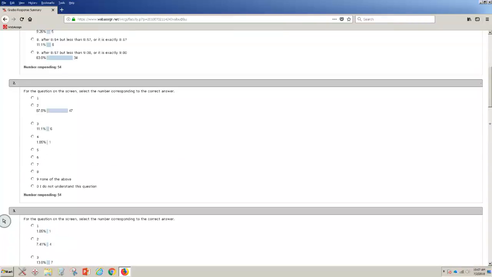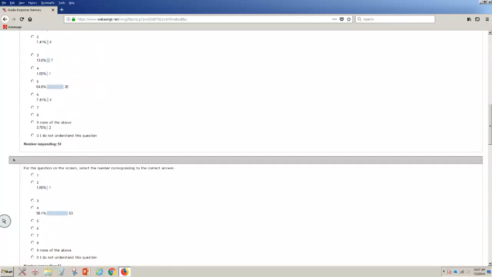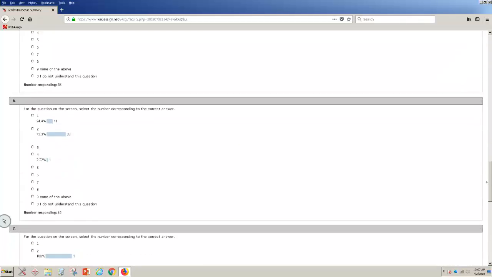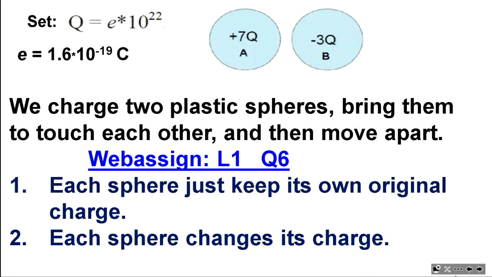Survey says, 73% of students say the charge will change, and 24%, the minority, said it won't. And this is again a demonstration of the very important fact, which is what? Democracy doesn't work in physics. Democracy is a dictatorship by the laws.